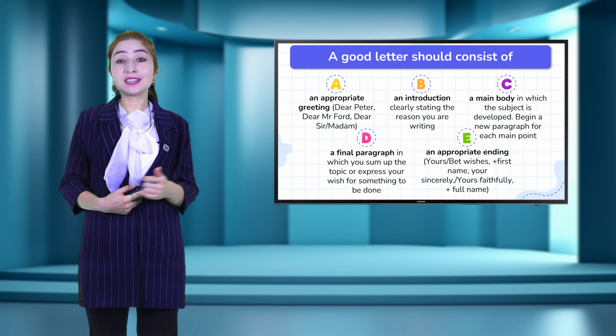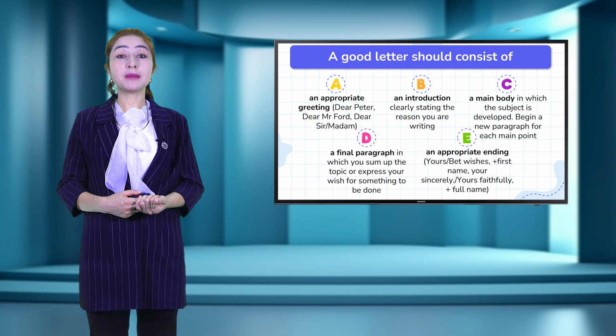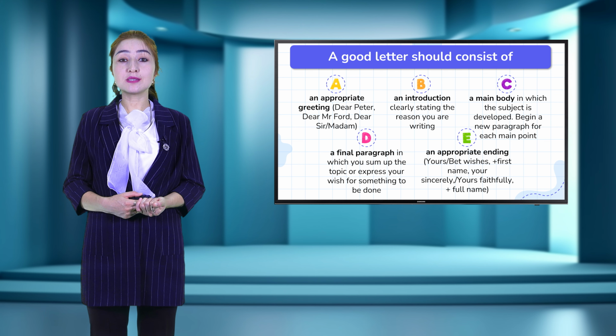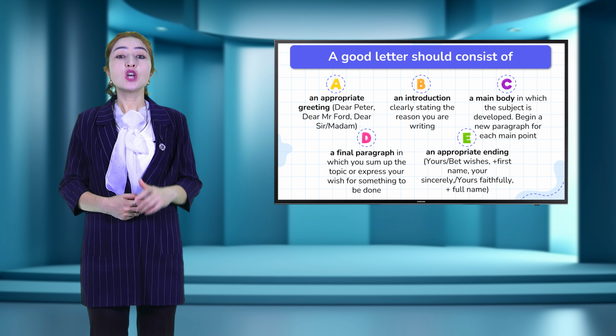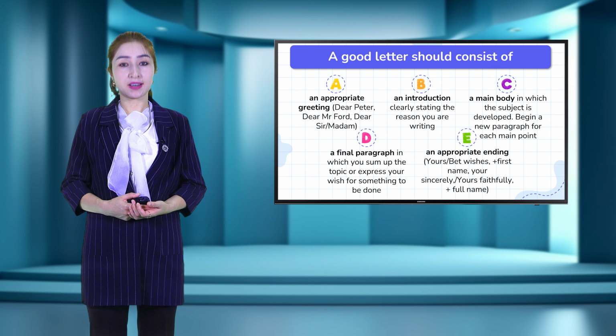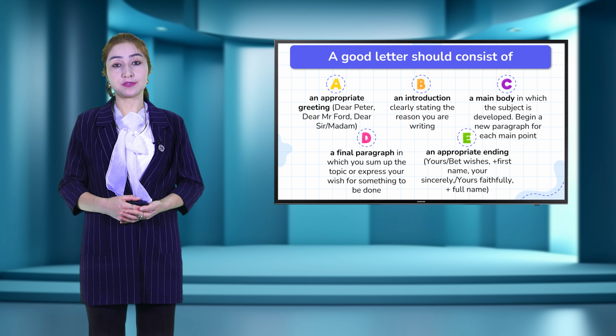And after the introduction, the writer should write about the main body of the letter. Do not forget, it is considered the most integral and important part of the letter. In the main body, the subject is developed, and each point of the main body should start with a new paragraph. And the last one is called the final paragraph, which I mentioned above as the conclusion.